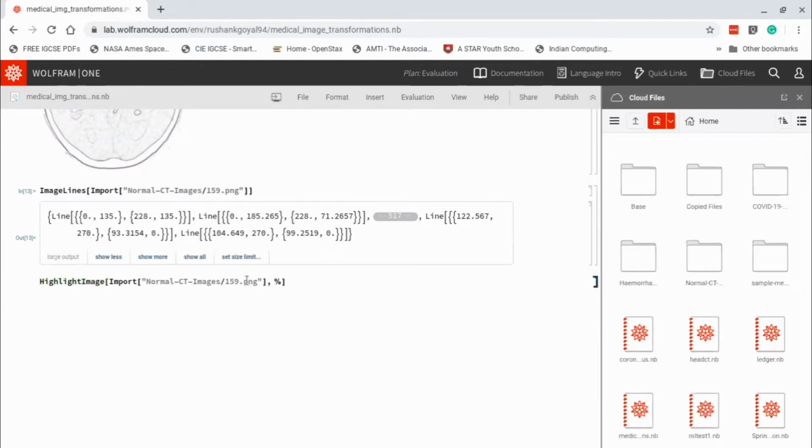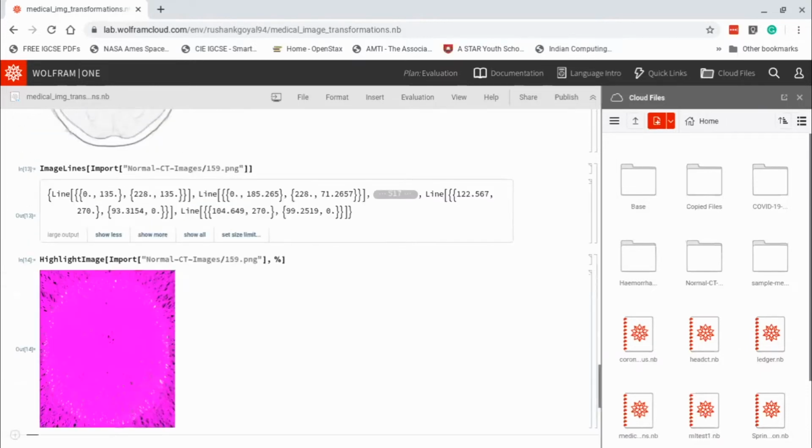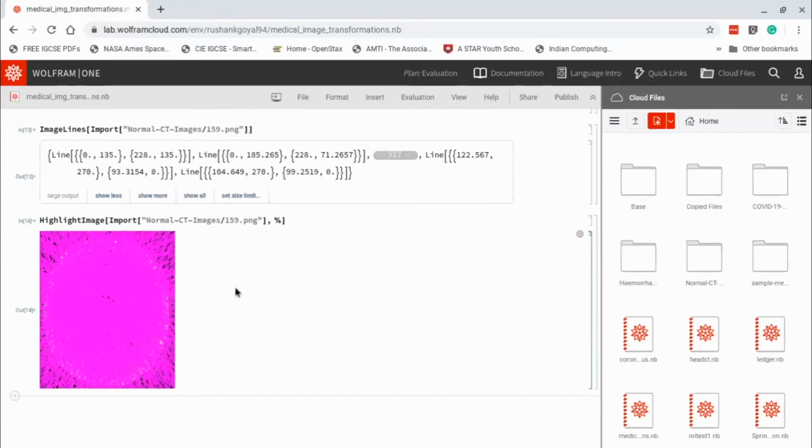Okay, so not all image transformation algorithms are going to work on all the images. Like if you look at this, you can see it basically just highlights everything. It's not changed. It's not helpful.